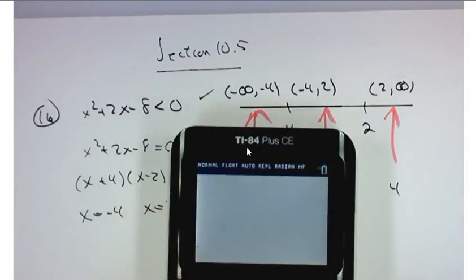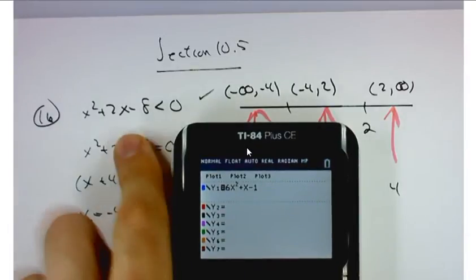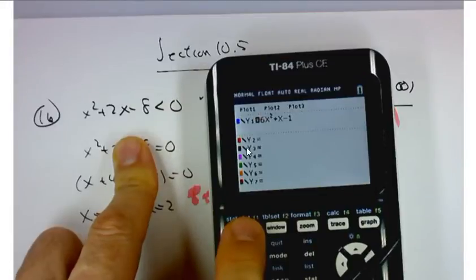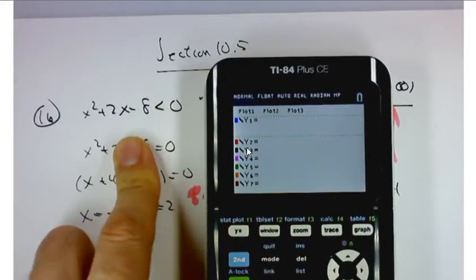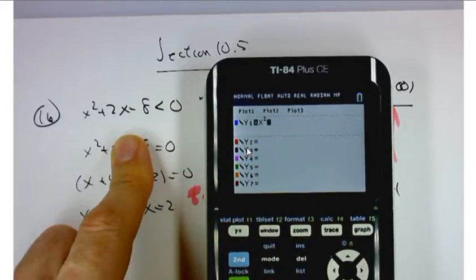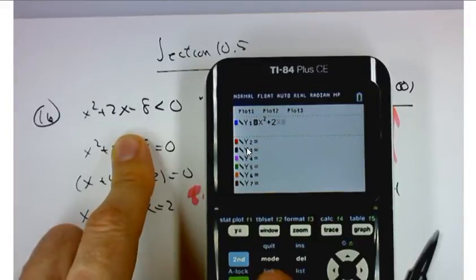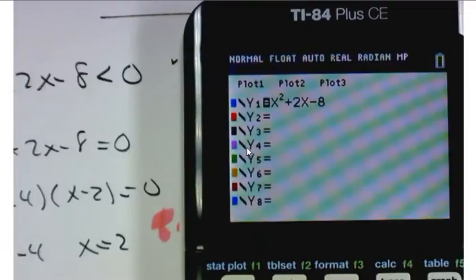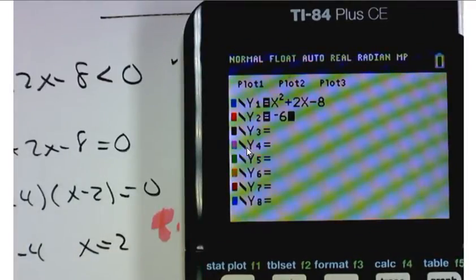Now I'm going to go back to some technology. I'm going to plug this function into my graphing calculator in the y equals key. The y equals key, then clear, x squared plus 2x minus 8. And let's choose Lisa's points here. So that was -6, 0.